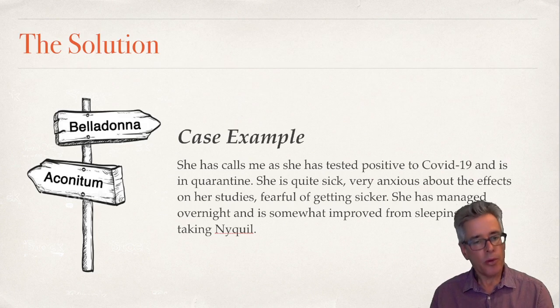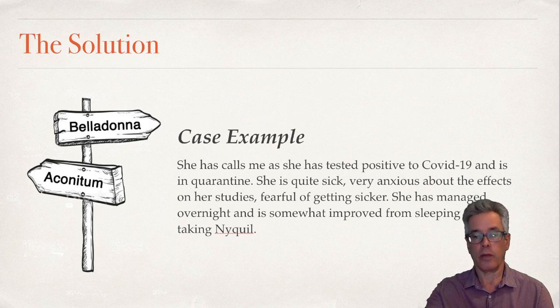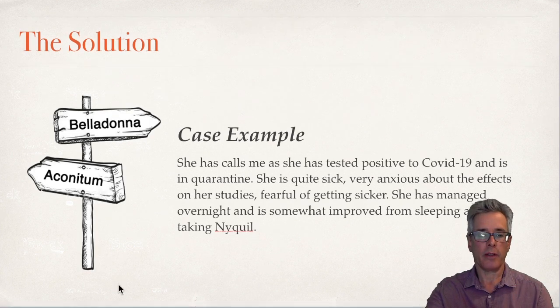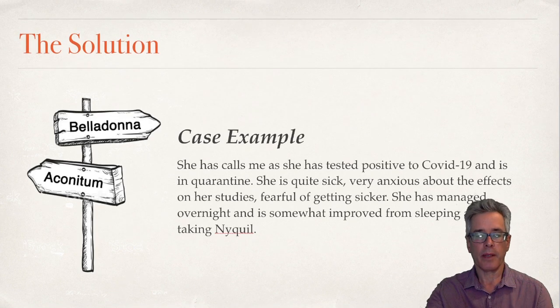But more than the flu itself was the fear around getting sick. September 2020. So she's very sick and very anxious about the effects of being sick on her studies and especially fearful of getting sicker. She'd managed overnight and is somewhat improved from sleeping overnight with the benefit of NyQuil, which knocked her out.